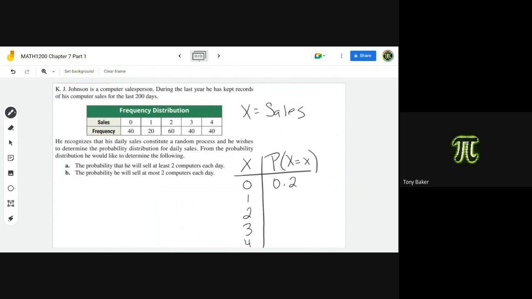The next one. What's the probability of 1 sale? 0.1. What's the probability of 2 sales? 0.3. And then the nice thing is we already did 40, so that's 0.2 and 0.2.